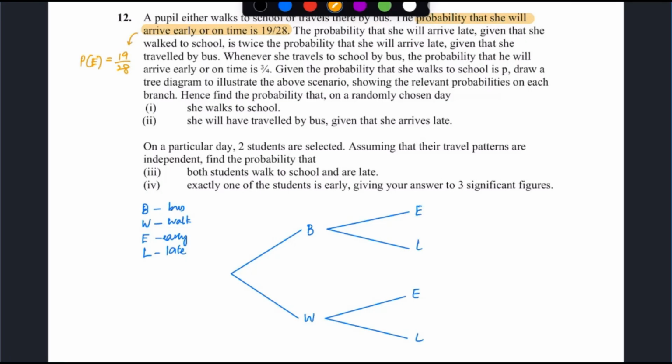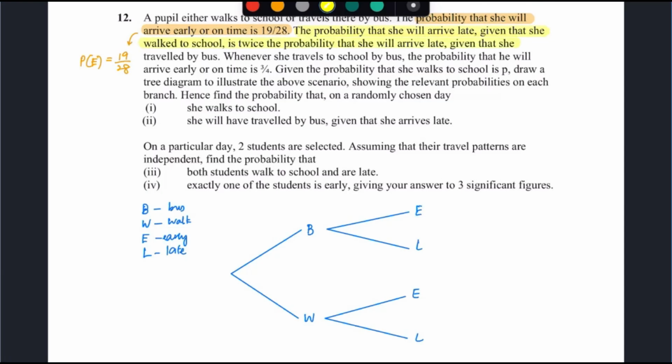Next, the probability that she will arrive late, given that she walked to school, is twice the probability that she'll arrive late, given that she traveled by bus. I will leave this one there first because I don't know what variable we have.